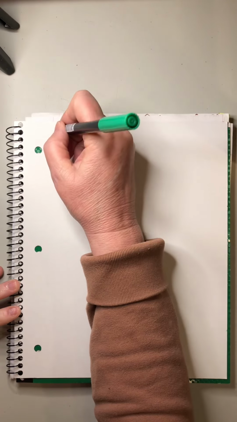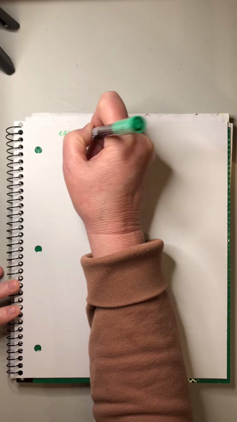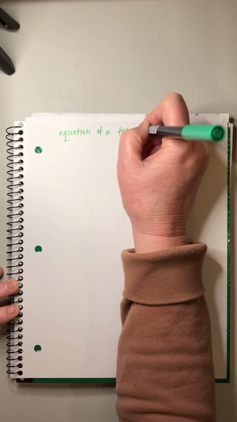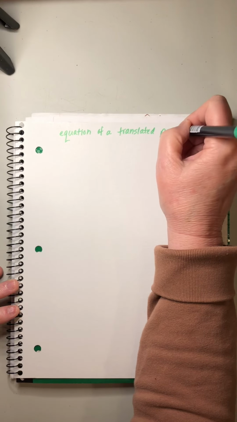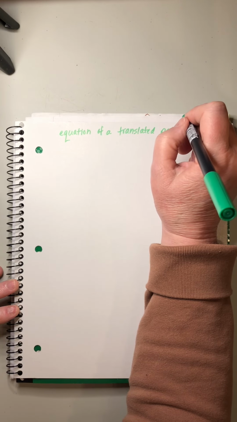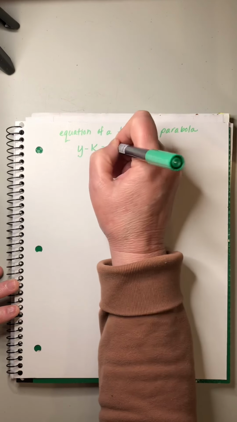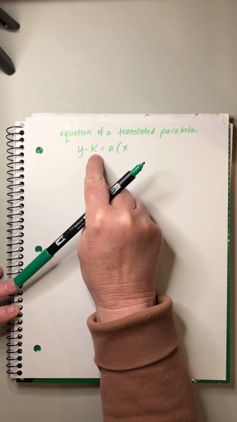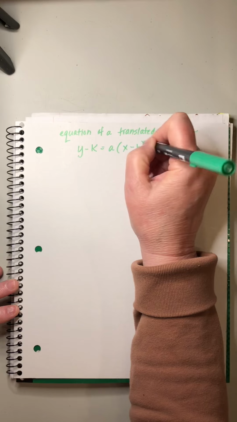Well, let me show you the equation of a translated parabola. This we already know. We adjust y by the amount k, and we adjust x by the amount h.